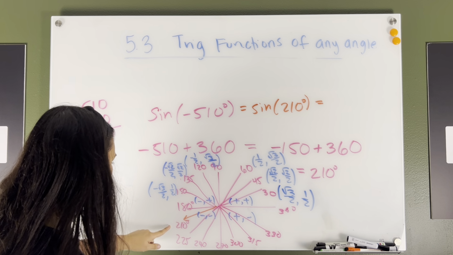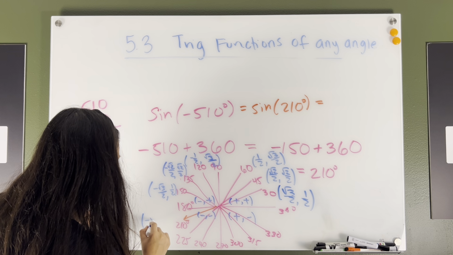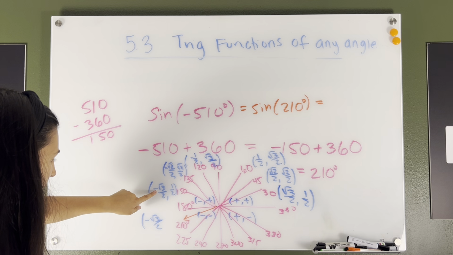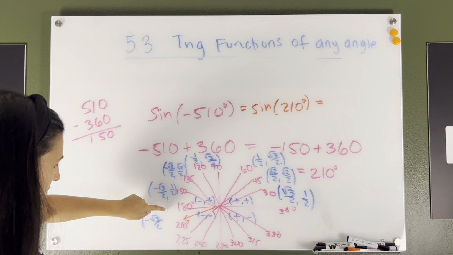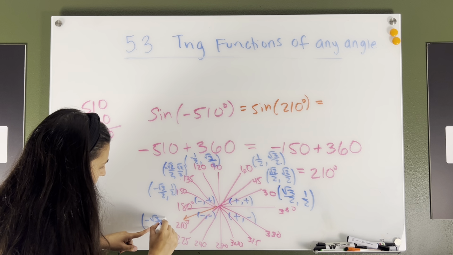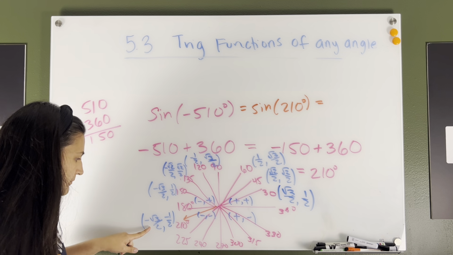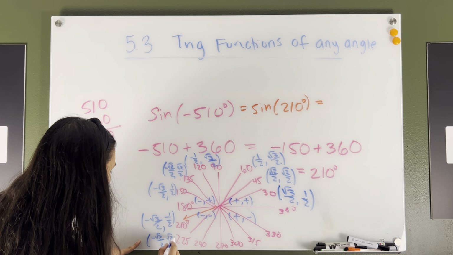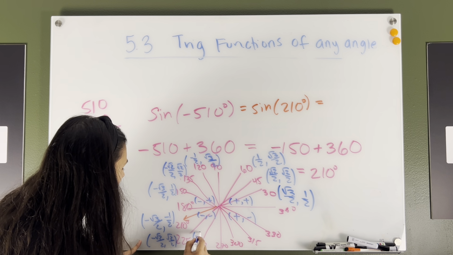Okay, for here it's going to be both negative. Again, symmetry. So this one is negative square root of 3 over 2, negative 1/2. Skip the x-axis. This would be the same, just both negative.